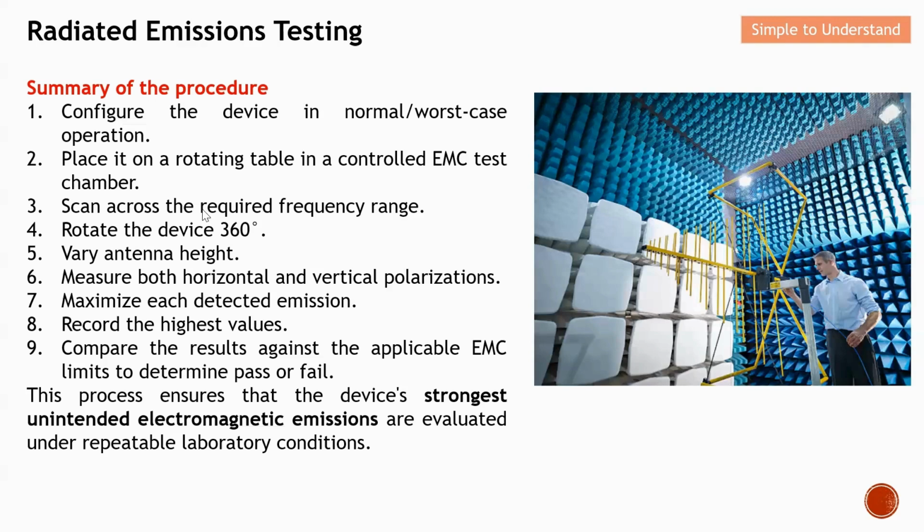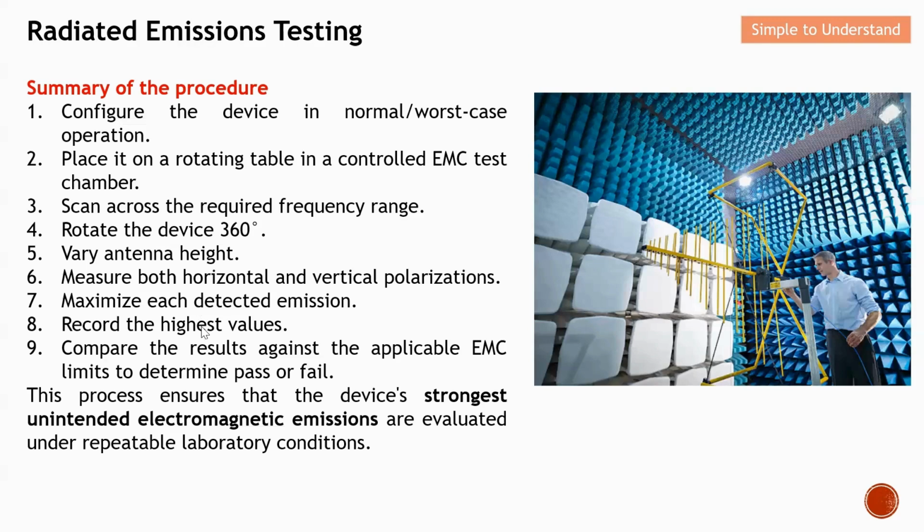Next, rotate the device 360 degrees. Vary the antenna height from 1 meter to 4 meters. We measure both the horizontal and vertical polarization of the antenna. We maximize each detected emission. So basically with these three things, we want to find the maximum possible emission by the DUT.